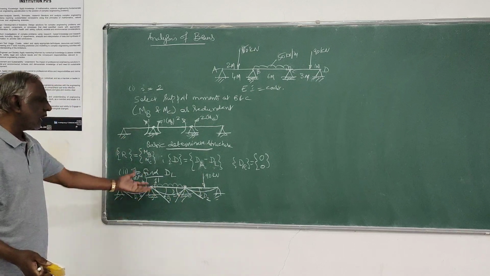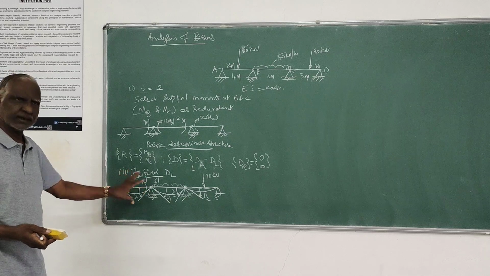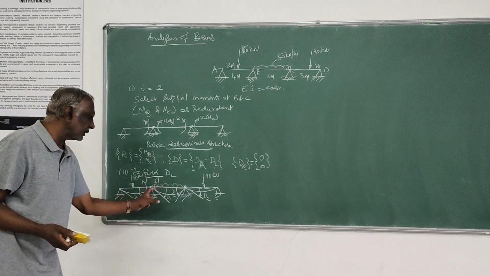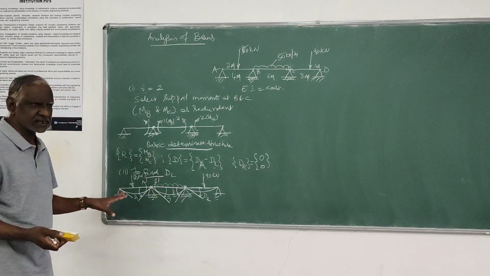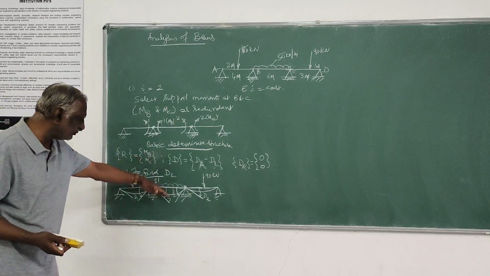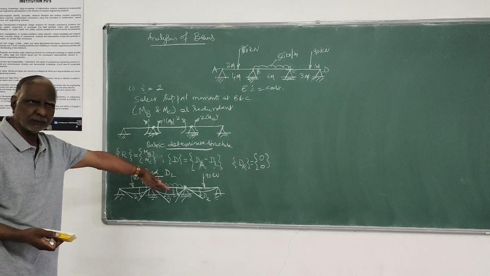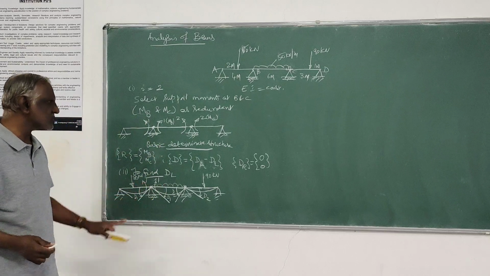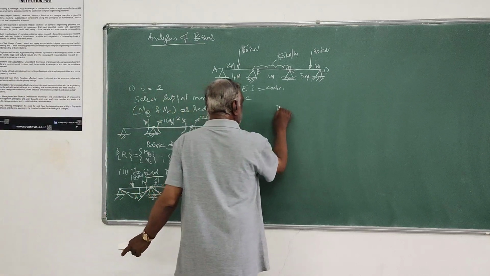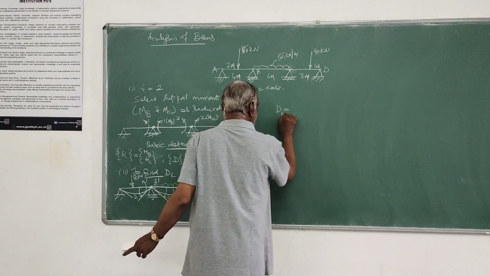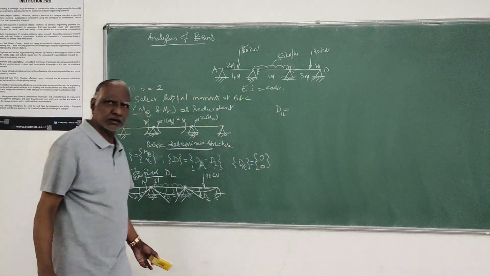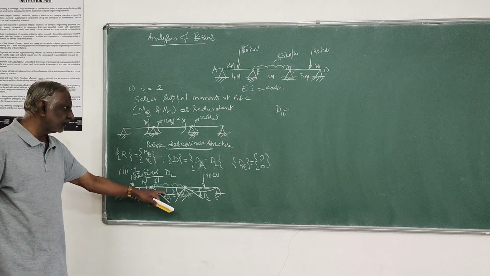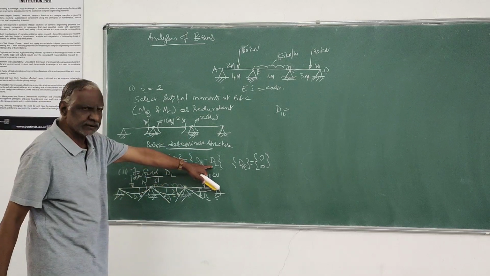You can just apply either the conjugate beam method or area moment method to calculate the slope at the end. Or you can remember the formula if the loading is not all that complicated, and you can just evaluate those particular slopes.